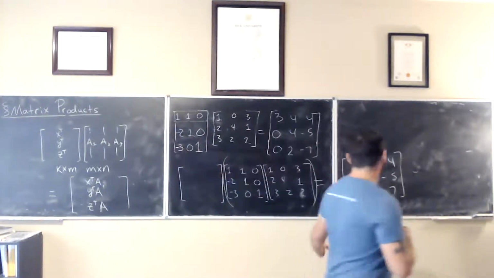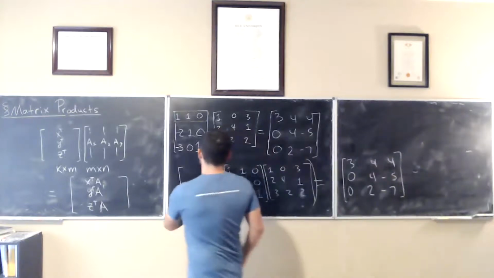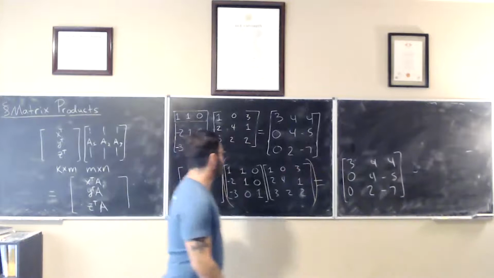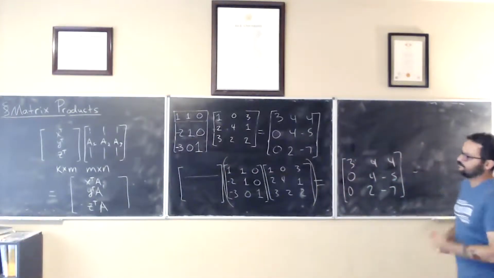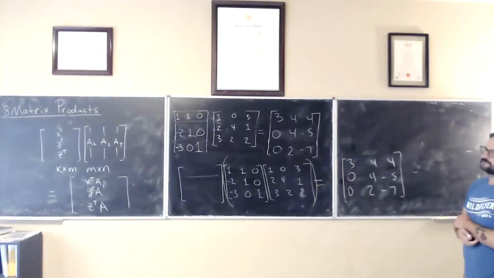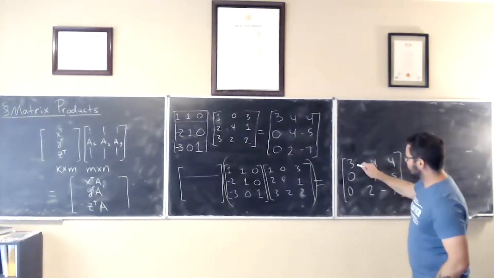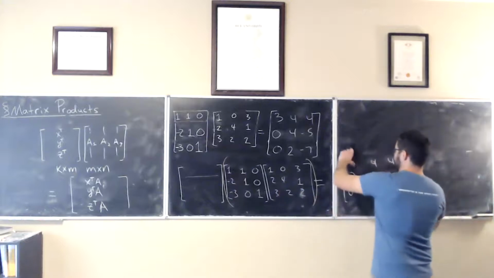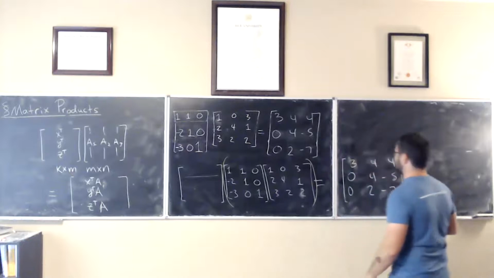It's really easy if you think about the row picture. Whatever row you put right here, you're going to decide how you're going to take combinations of the rows of this matrix. So if I want a 1 right there, it's a temporary 3.